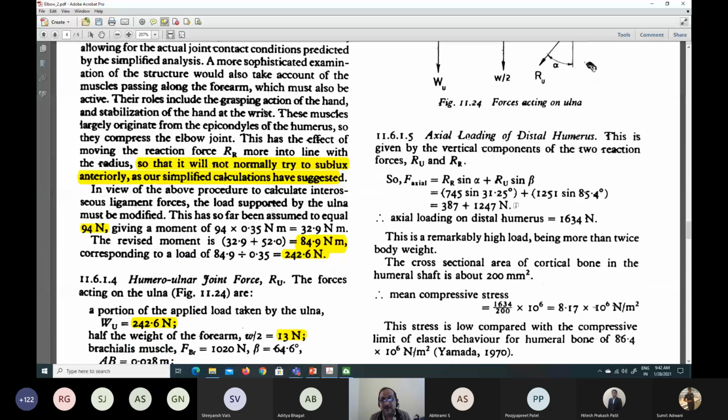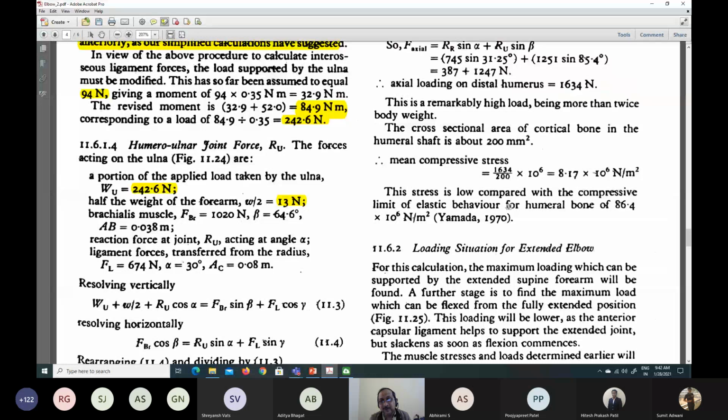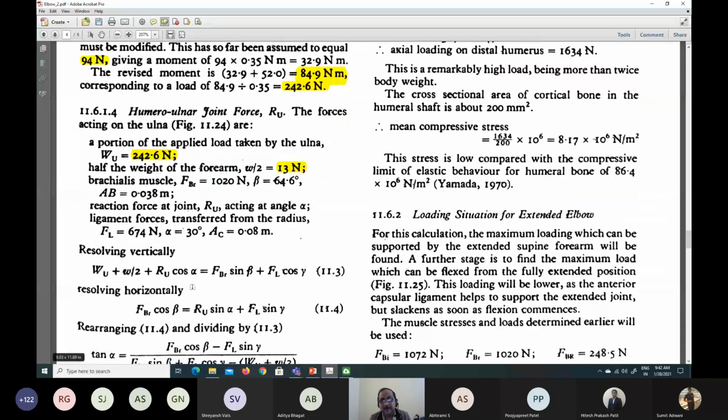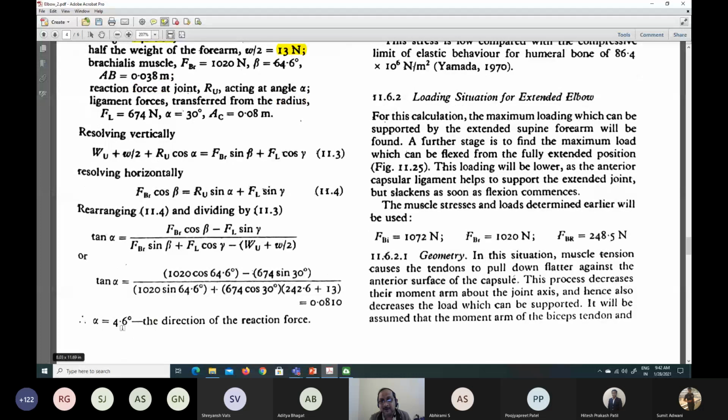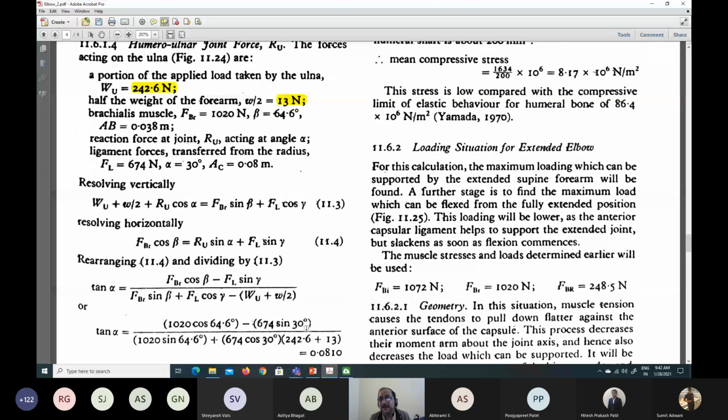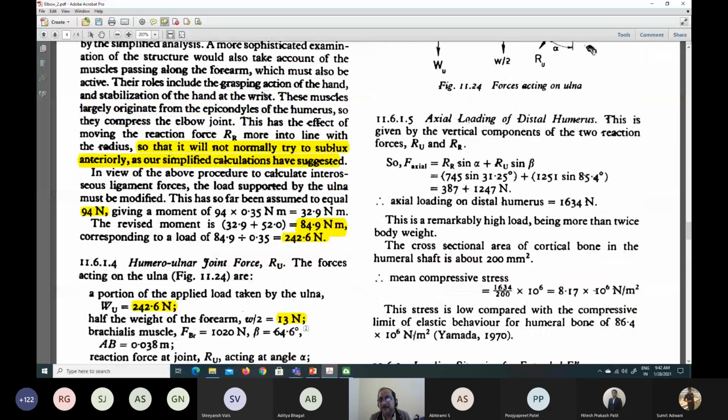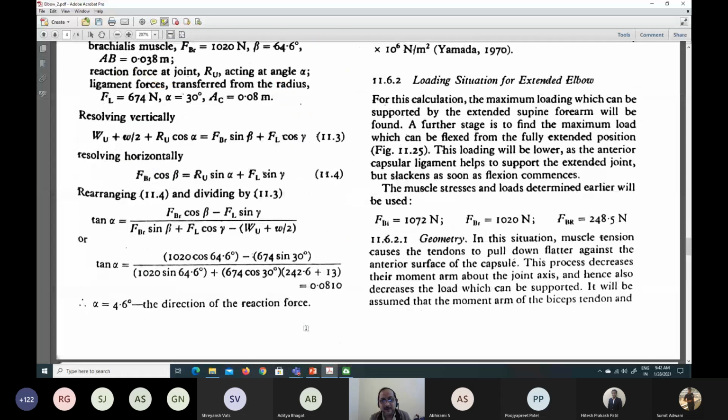So we basically calculate in a similar manner, resolve vertically and horizontally. We calculate alpha, the direction of the reaction force, and then we can easily calculate the RU, okay, based on that.